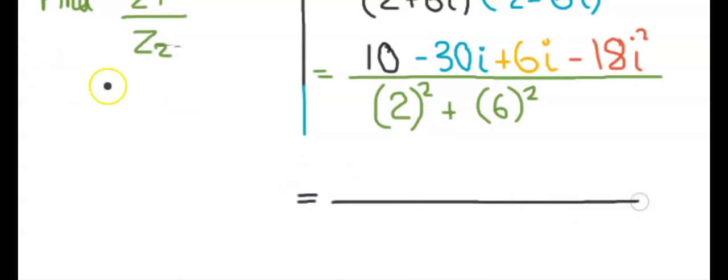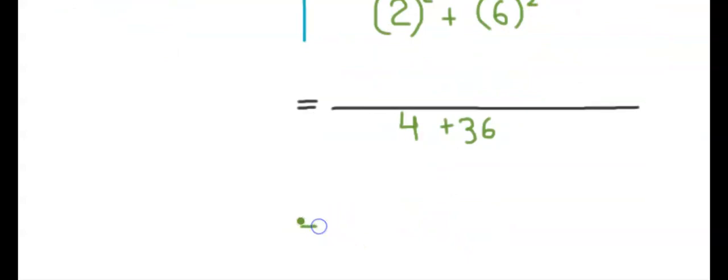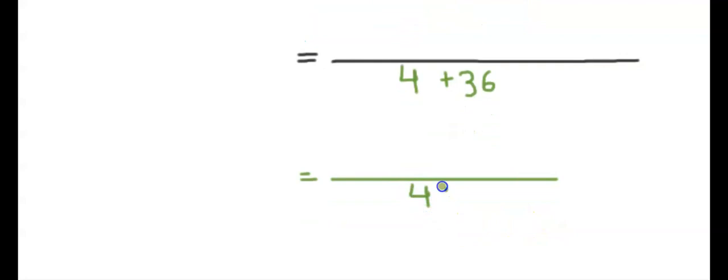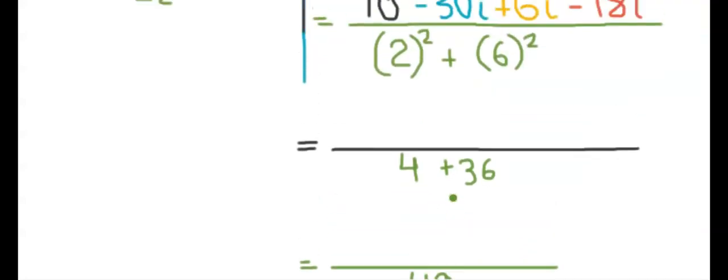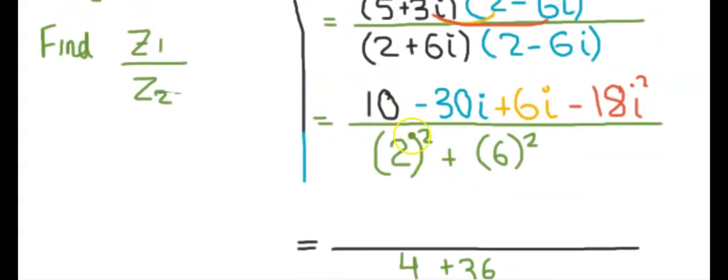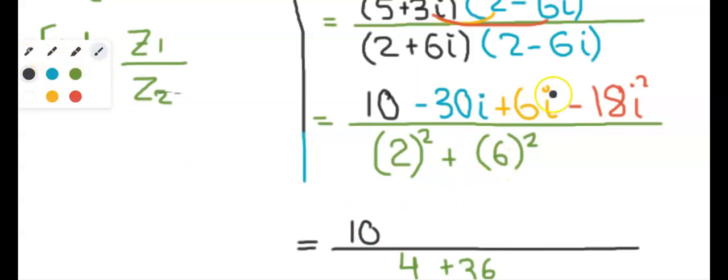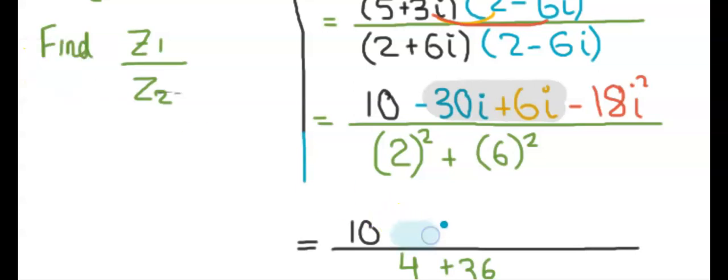Then the bottom one, the green one, will become a 4 plus a 36. Let's do the bottom one first. 4 plus 36 is a 40. So I sorted the bottom one out. Now the top one is 10. So a black 10 minus 30 plus 6 is going to be, because they both are same, that's going to be minus 24.